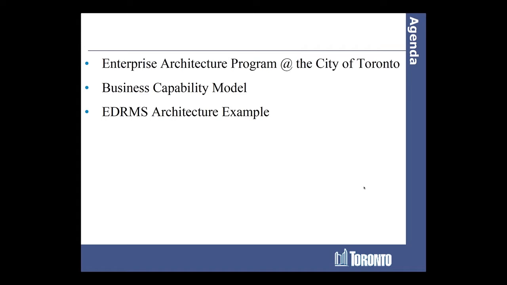Secondly, I'm going to use the capability model as a mechanism to describe how we approach the business architecture space at the city. And then finally, the last part of the presentation will give the group a specific example of how we've taken some of these approaches, methodologies, and models to actually do an architecture for a specific program.